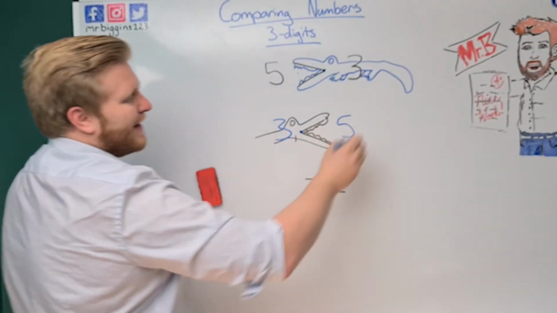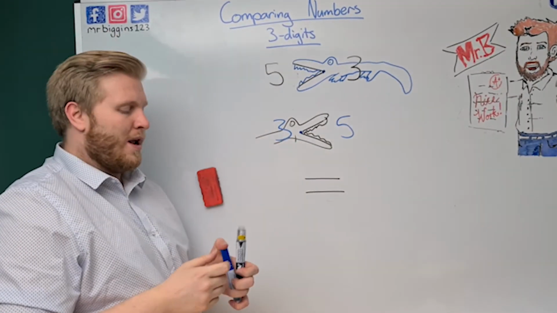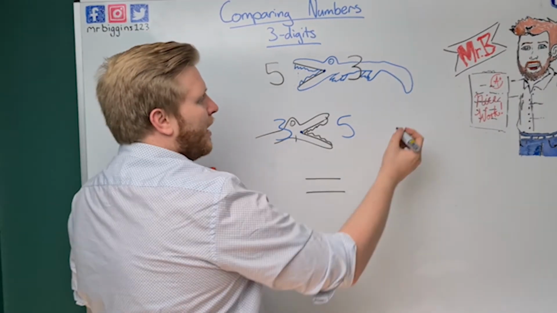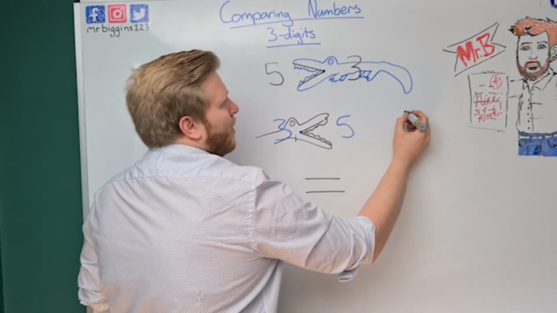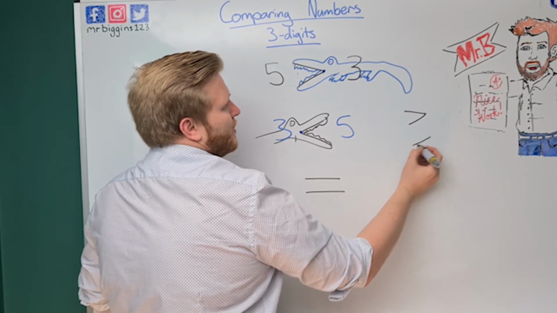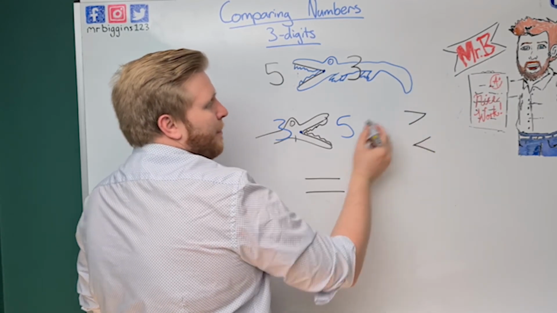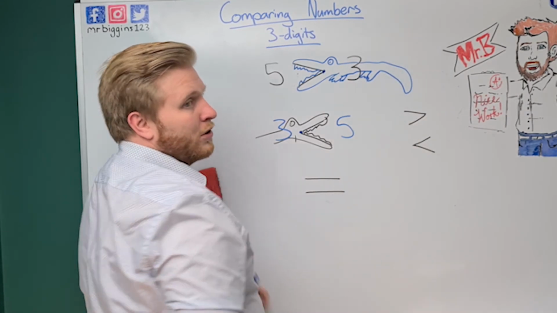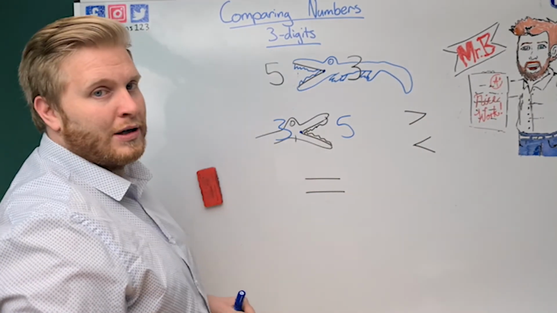Okay, on this one we can put the numbers that we had in, and we can see the crocodile is eating the bigger number. So whichever way you remember, okay, we have our greater than and our smaller than. So the big gap and the small dot, or the crocodiles eat them.